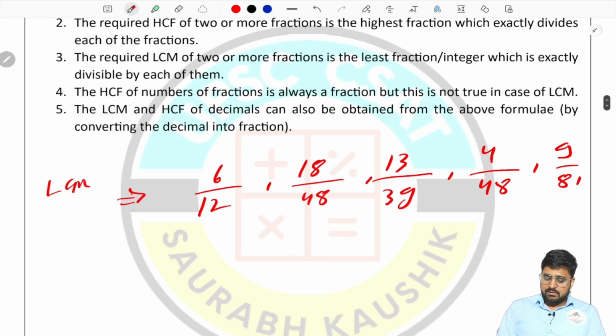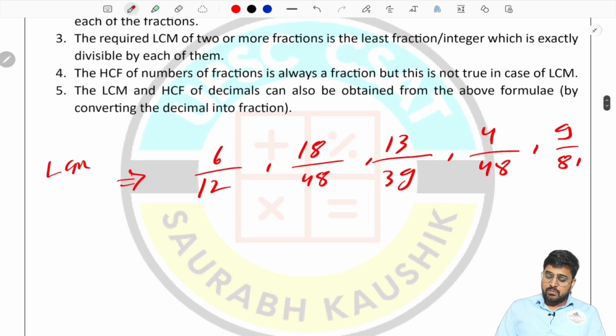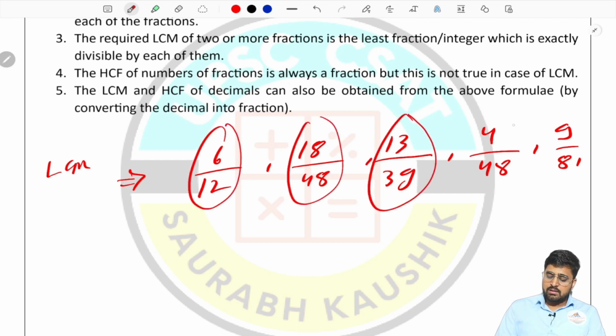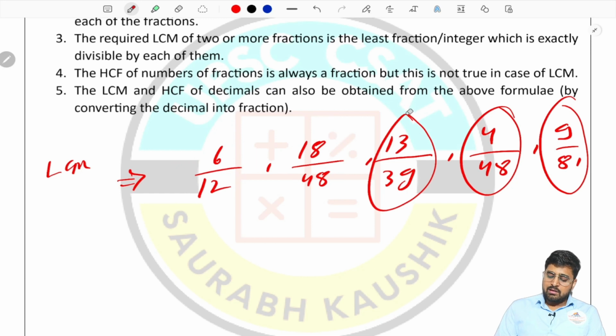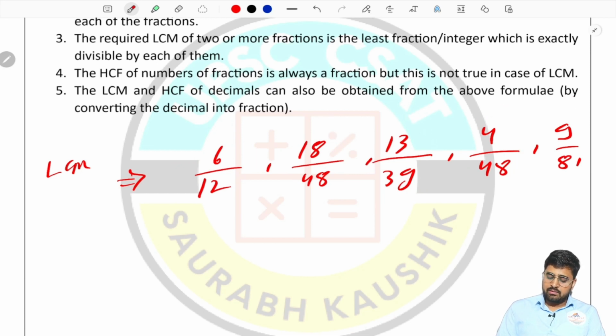Now the first requirement is that these numbers should not be in their highest form. They should be in the lowest possible form, in the fraction only. For example, you have to cut them, reduce them, shorten them.